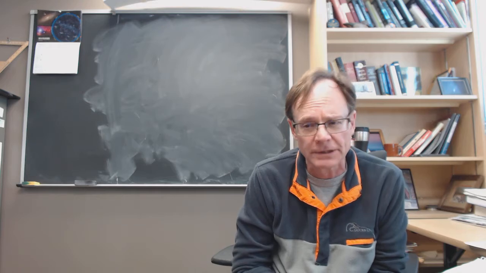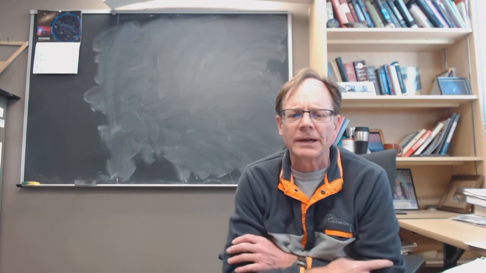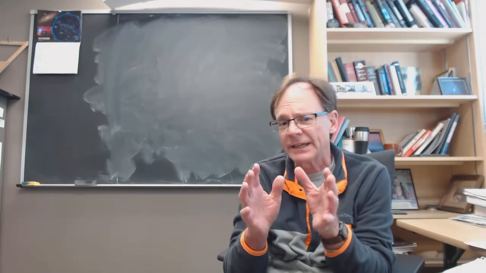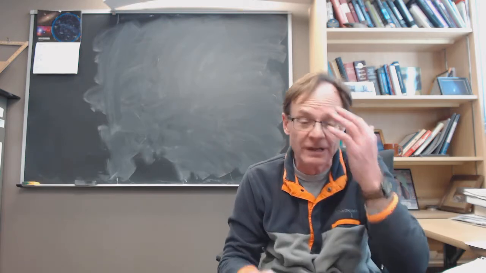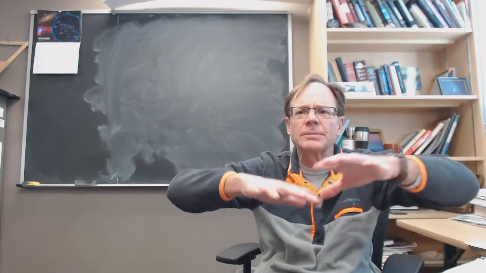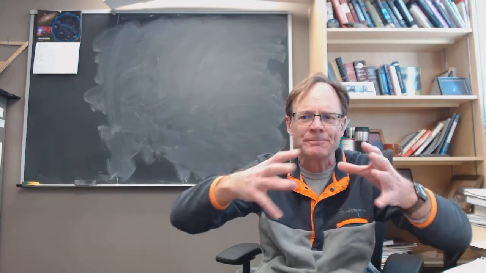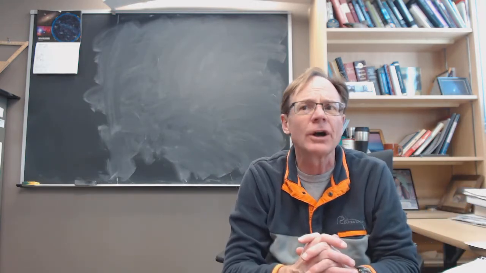not clumped. Okay, so let's think about a forest. I'm going to refer to a forest quite a bit as we talk about the distribution of stars and the distribution of galaxies. Think about you standing in a forest and looking at the trees. If the trees are more or less smoothly distributed, so the number of trees per square meter is the same all around, then that's fairly homogeneous.